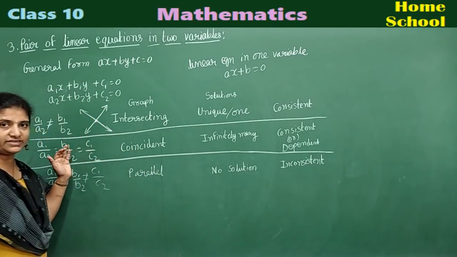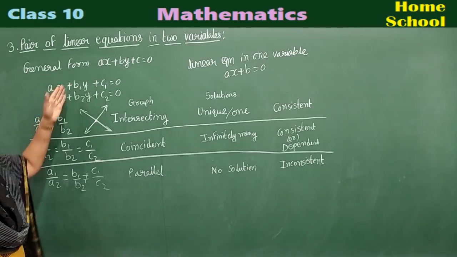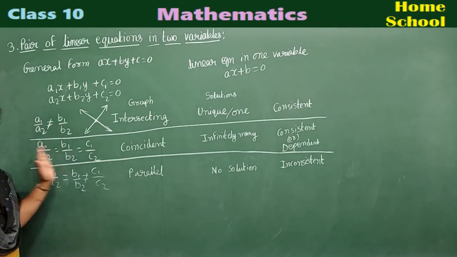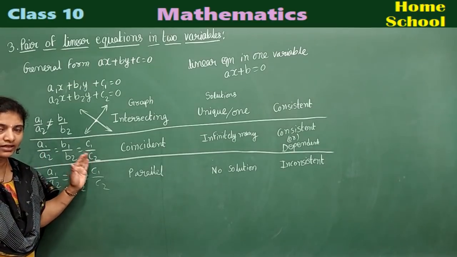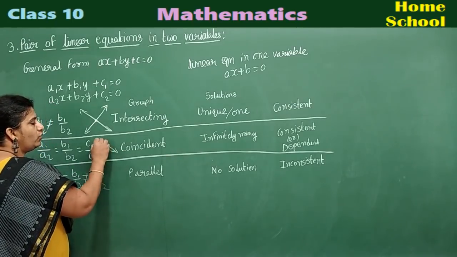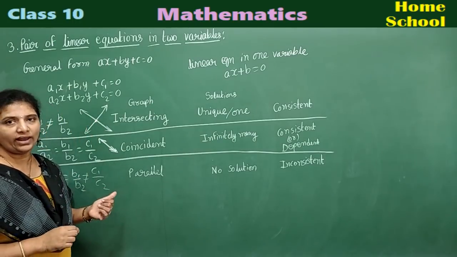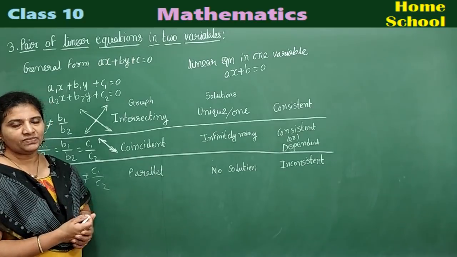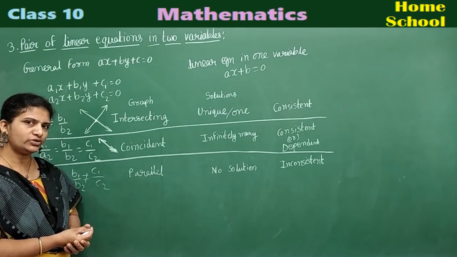Coming to your next case here, A1 by A2 is equal to B1 by B2 is equal to C1 by C2. When all the three ratios are equal, how will be the graphical representation? The two lines are overlapped. That means the two lines are coincident. If they are coincident graphically, how many solutions do they have?